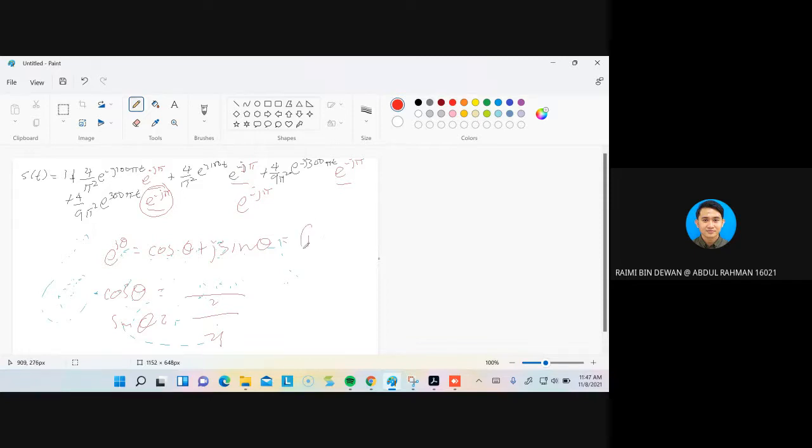If so, how are you going to represent it in Euler's theorem? You need to modify it. Maybe here is pi over 2. Depends. And if it's negative 1, then this one is negative pi. So you need to always practice, because this will help you convert, since we want the amplitude spectrum always positive.